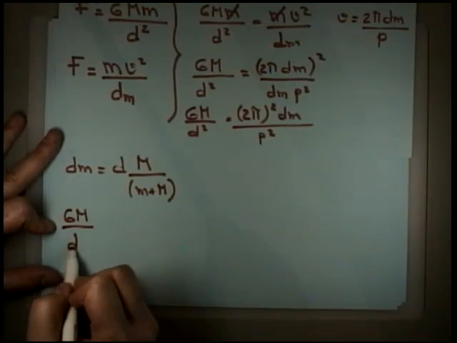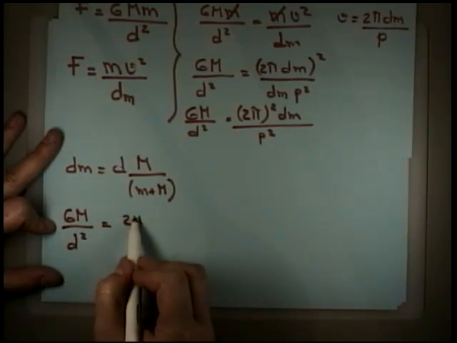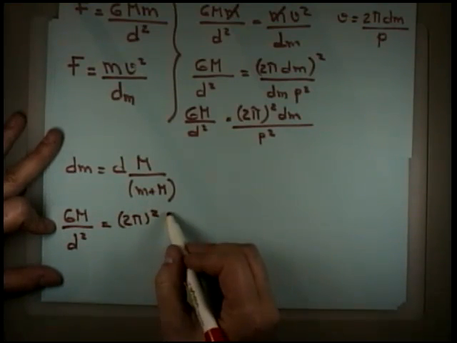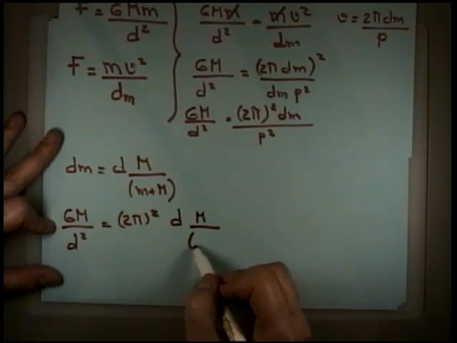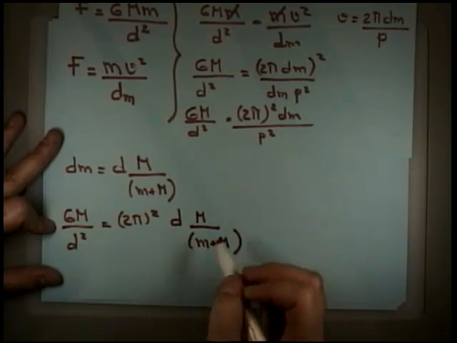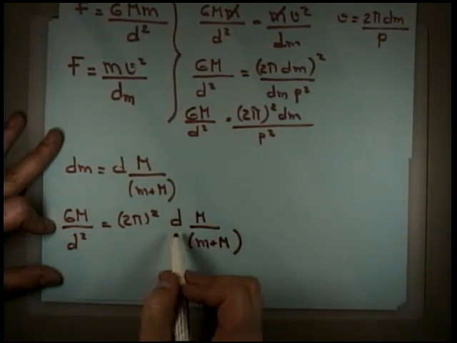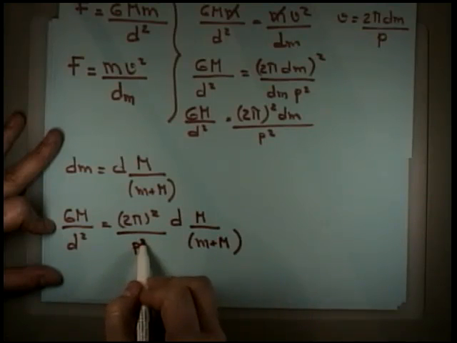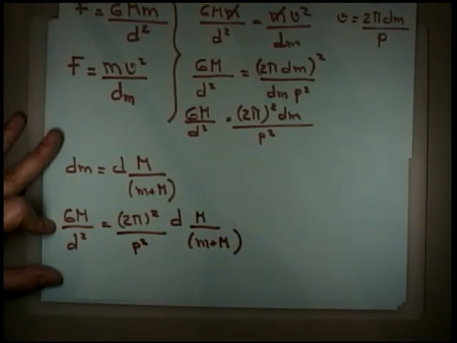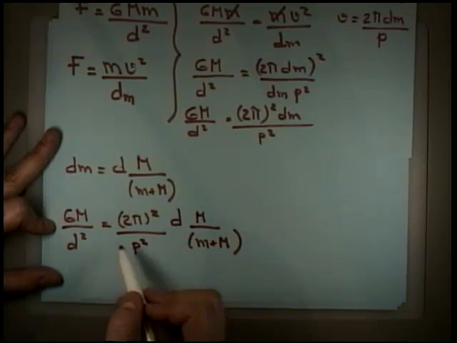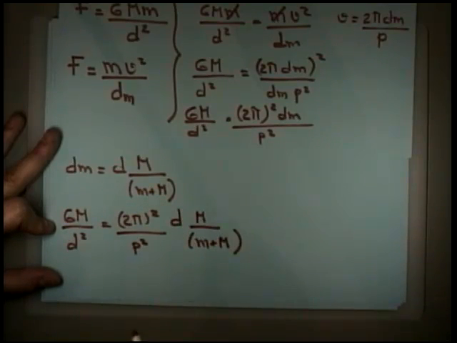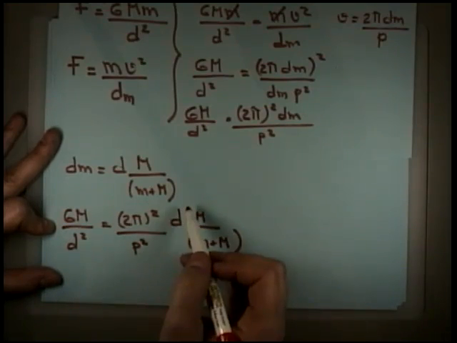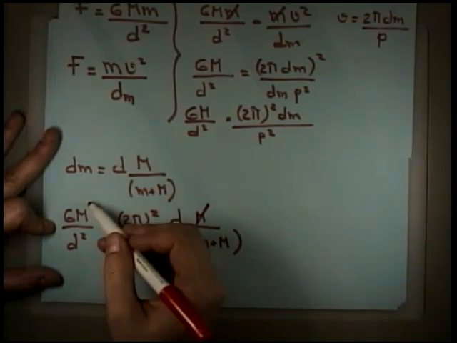G big M over d squared equals 2 pi squared multiplied by d big M over little m plus big M, which I just brought in instead of d little m, over p squared. All right. So we rearrange this. We bring the p squared this way, the d squared that way. This will become a d cubed. And you already start to see that you have the p squared and the d cubed. This big M will go away with that big M.